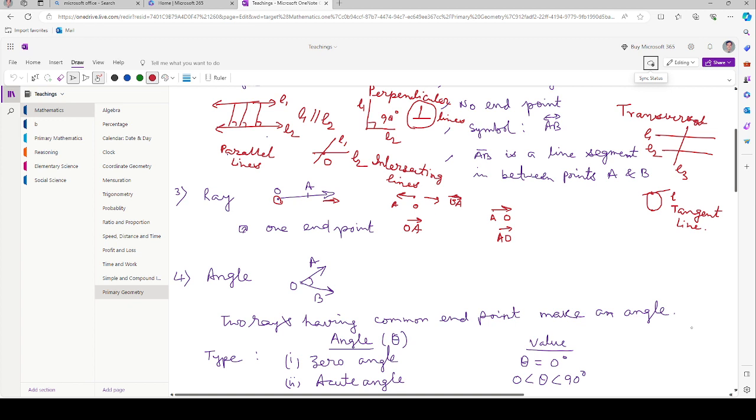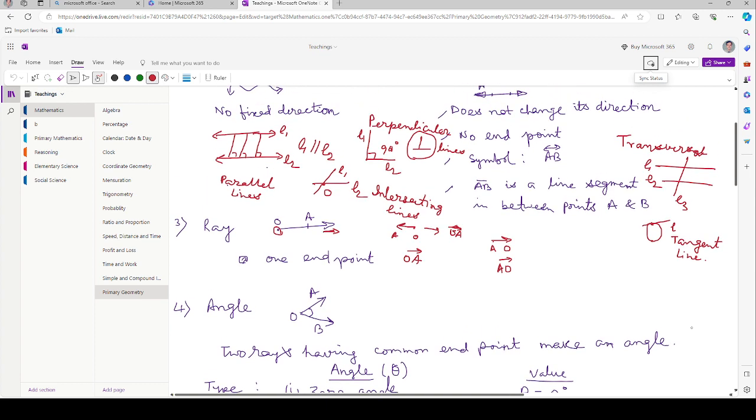Now the point, angle. What is angle? If you see the figure of an angle like that, see here, from point O, ray OA is produced, and similarly from point O, OB ray is produced.